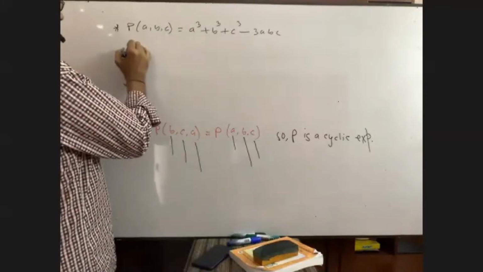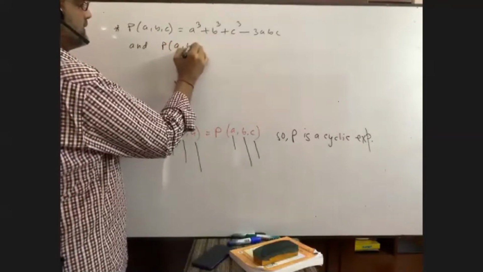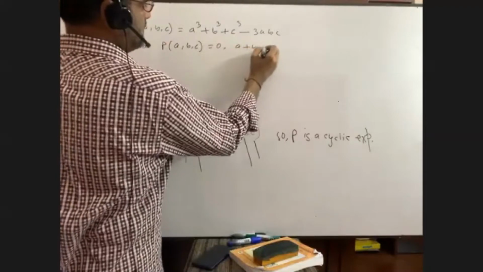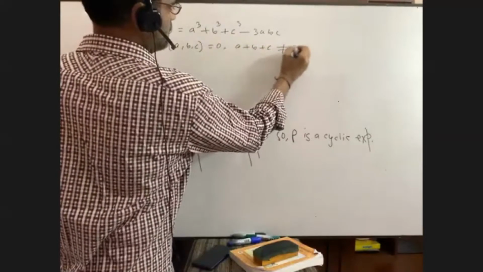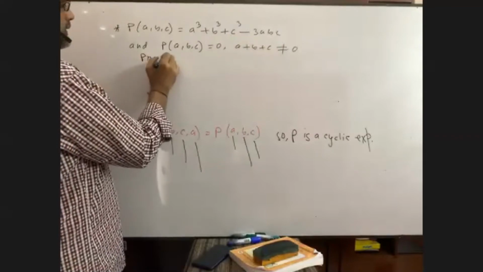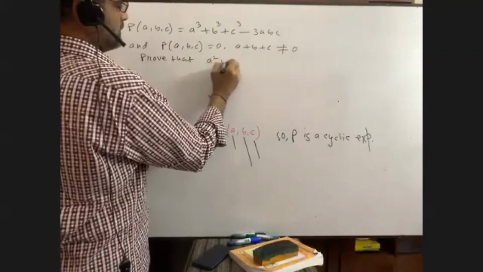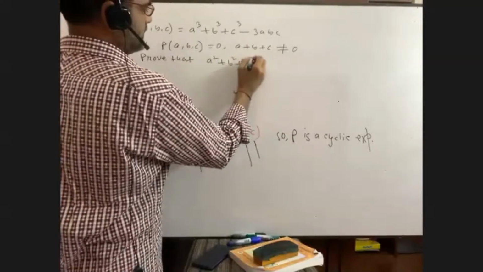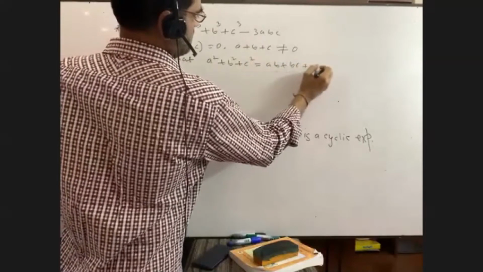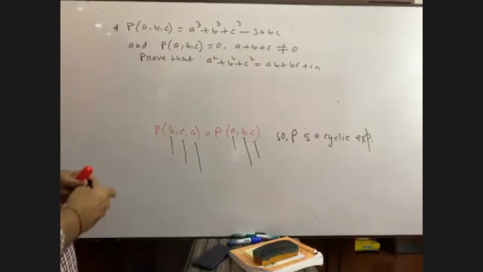And it is told P of ABC equals 0, A plus B plus C is not equal to 0. Prove that A square plus B square plus C square is equal to AB plus BC plus CA.